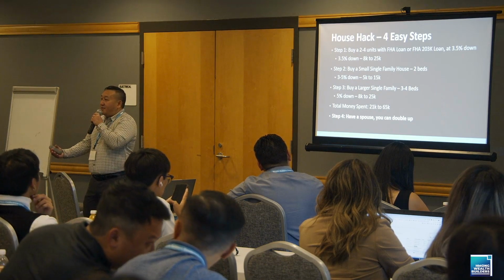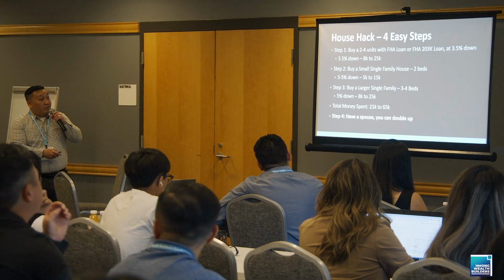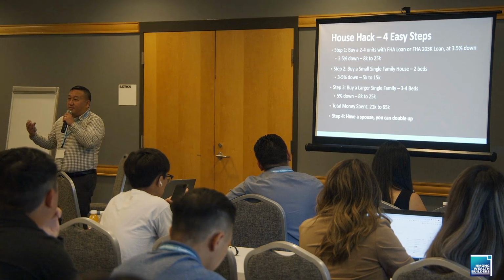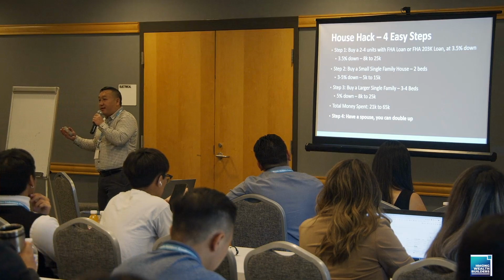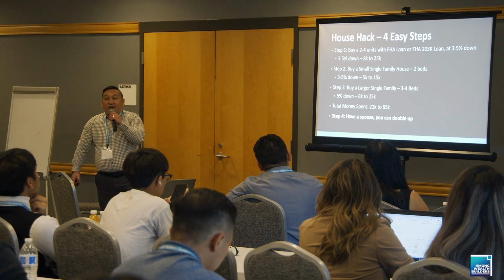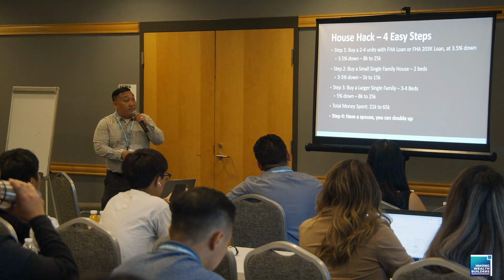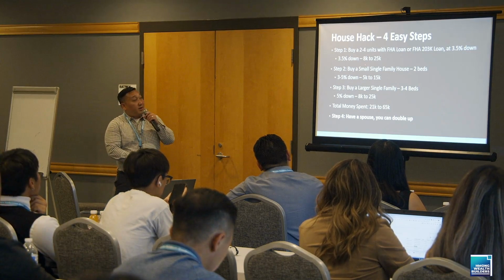So go talk to a loan officer, let them know, use the FHA loan, do 3.5% down. $100,000 home, that's $3,000. $200,000 home, that's $7,000, right? So you need about $8,000 to $25,000, depending on the size of the property and depending on where you are, right? $8,000 to $25,000. That's how my wife and I got started.